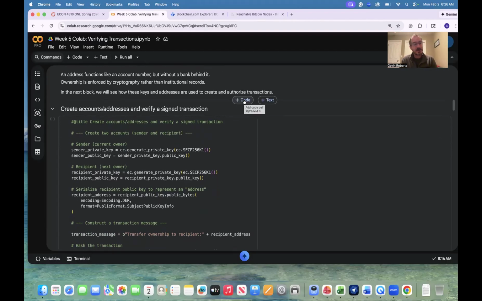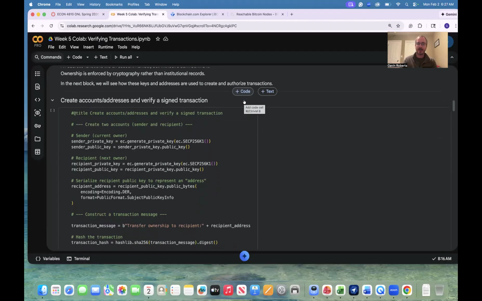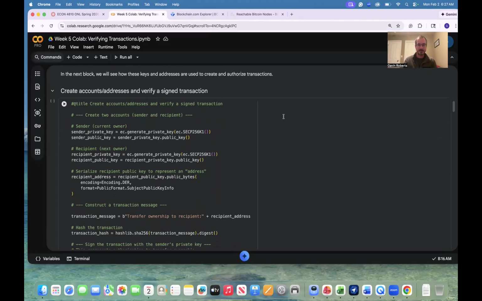So an address functions like an account number, but without any bank behind it. Ownership is enforced by cryptography because we saw we can verify transactions using public keys rather than institutional records. In the next block, we will see how these keys and addresses are used to create and authorize transactions.